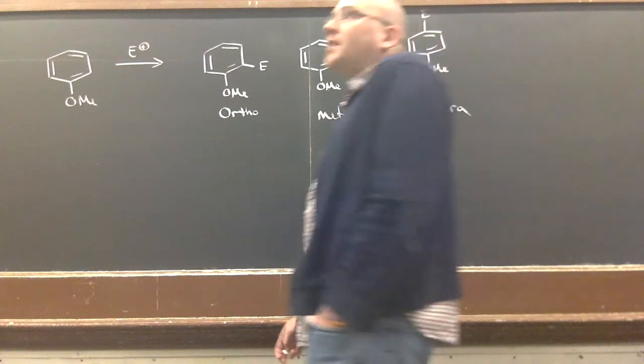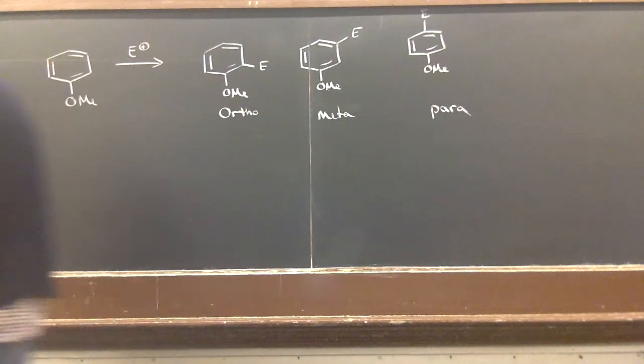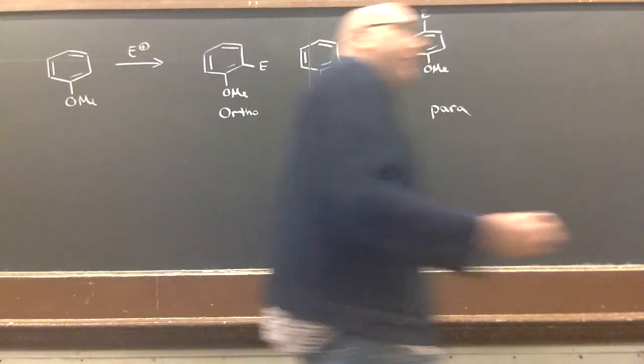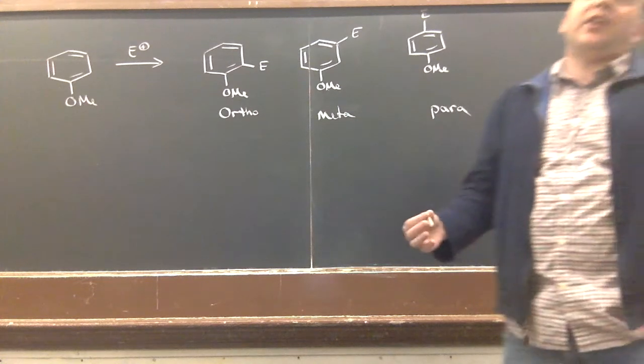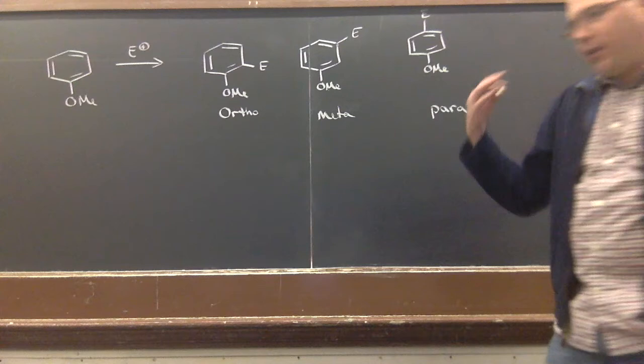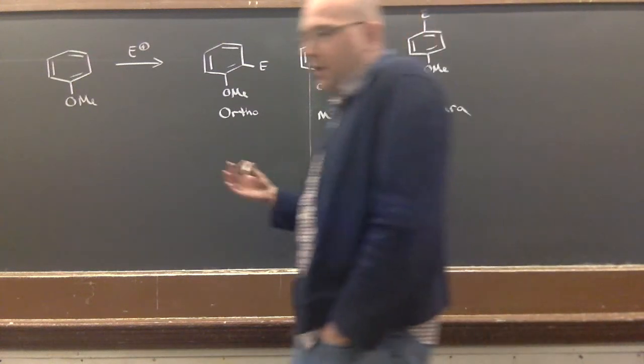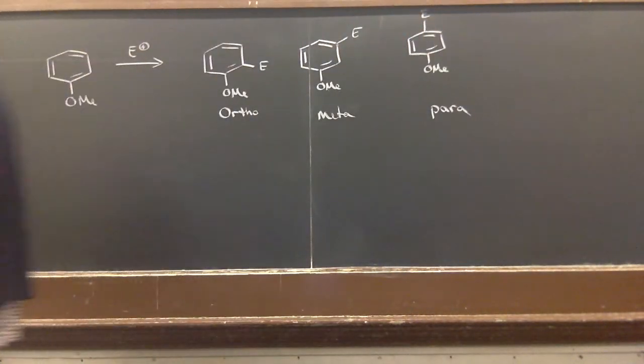Thanks. All right, guys, I'm gonna go ahead and get started. So last class we started to get into directing group effects. Once you have a group that's already on a benzene and you do an electrophilic aromatic substitution, there are in essence multiple positions that you can react at.